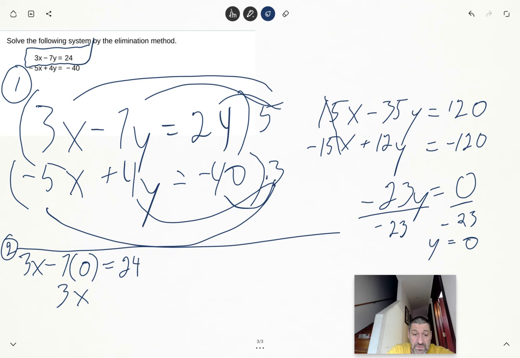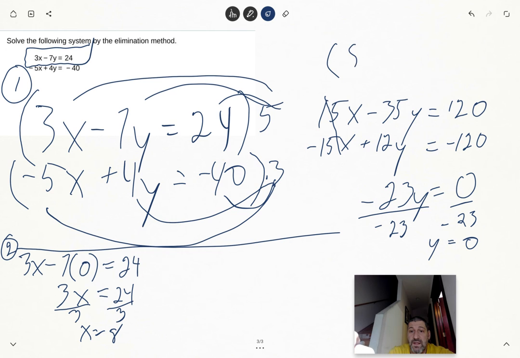That's 0, I'm not even going to include, equals 24. Divide by 3, x is equal to 8. So my answer should be 8 and 0. But I'm going to check my work because there are lots of areas to make mistakes there.